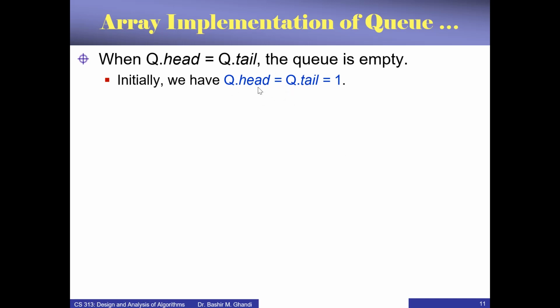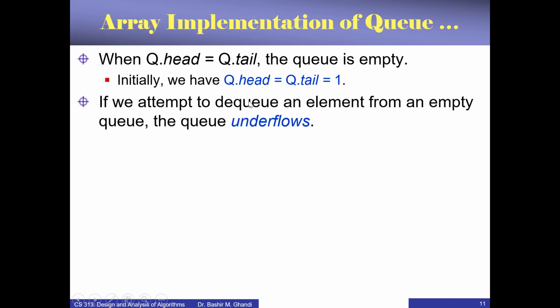I mean, q.head and q.tail do not always have to be equal to 1 for the queue to be empty. It could be anywhere. For example, if q.head equals q.tail equals 5, then again the queue is empty. But initially both of them will be equal to 1. So obviously attempting to dequeue, if this is the condition, will result in underflow.